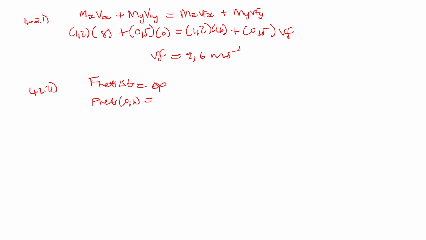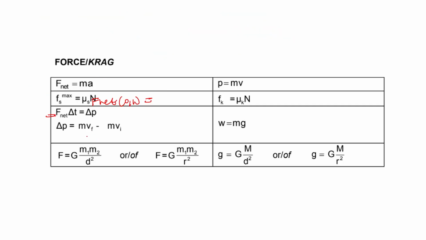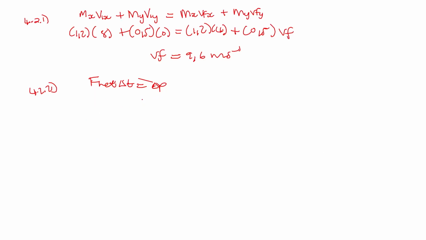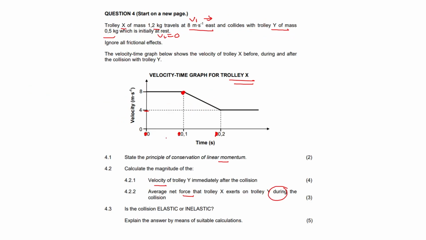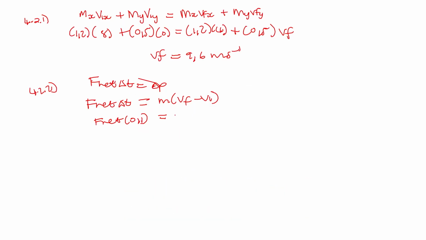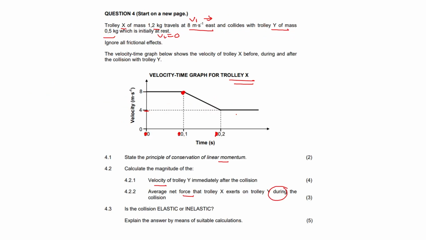And remember, what does the P stand for? I'm just going to rewrite it: that's going to be mass times final velocity minus initial velocity. Remember, I just said the time is going to be 0.1 because that is during the collision. The mass is going to be 1.2 of X. The final velocity is 4, the initial velocity is 8, so it's going to be 4 minus 8.